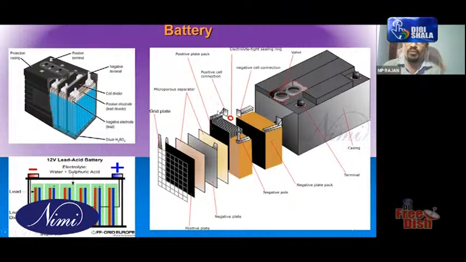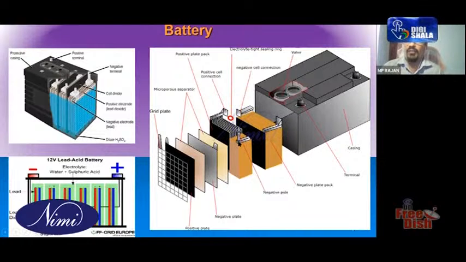So this is called the positive plate connection or positive plate terminal. Similarly, all the negative plates are connected together, and it will have a negative plate terminal or port. So one cell will have a combination of all the positive plates and a combination of negative plates.